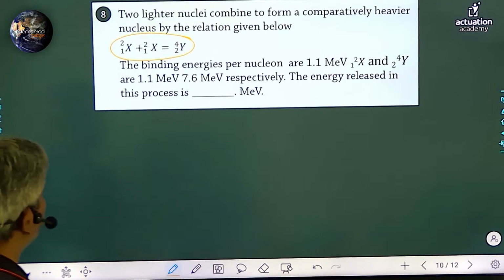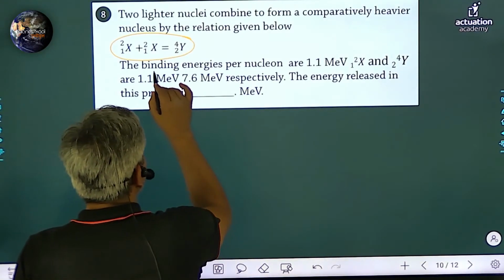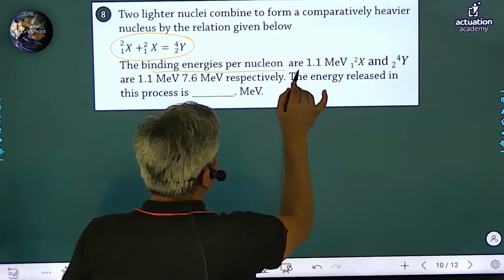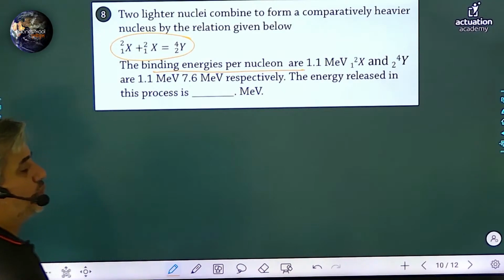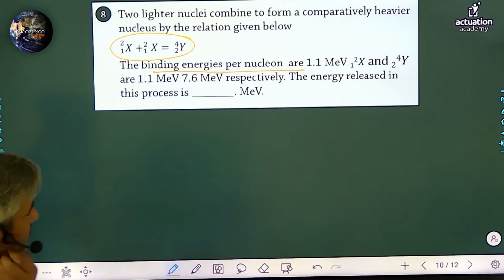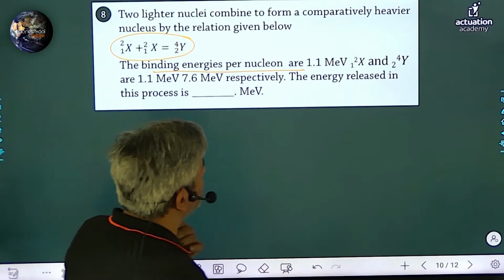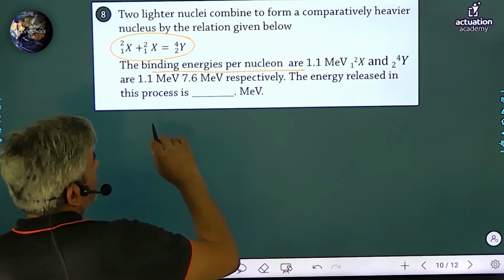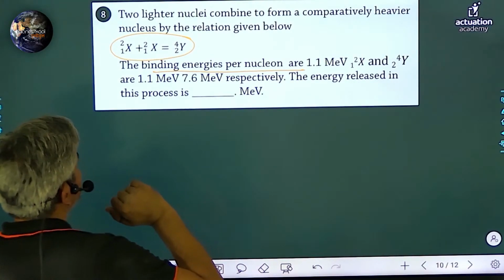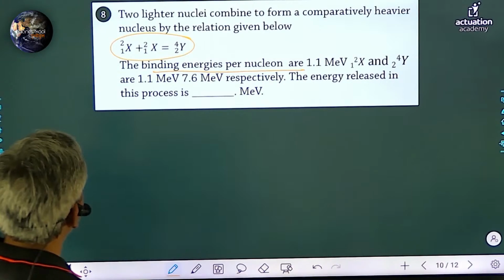Please note down the binding energy per nucleon, which is given as 1.1 mega electron volt, 2 times of 2x1 and 4y21r.